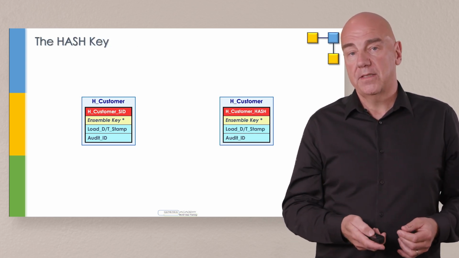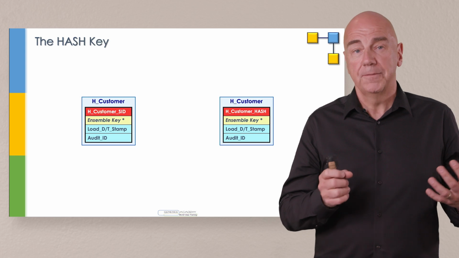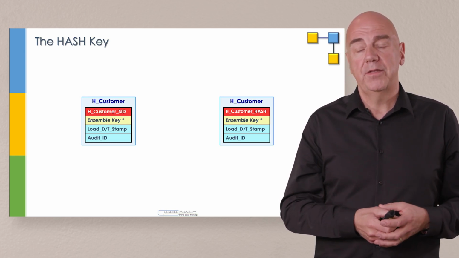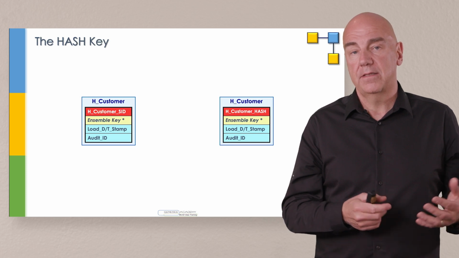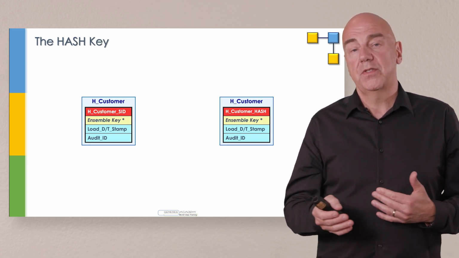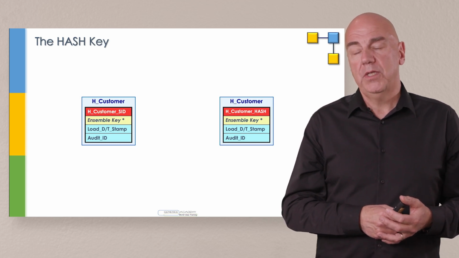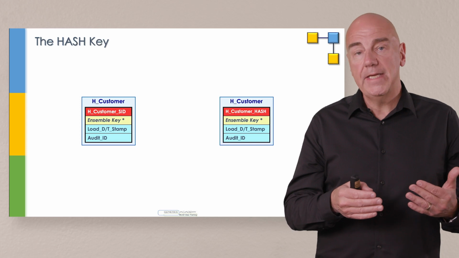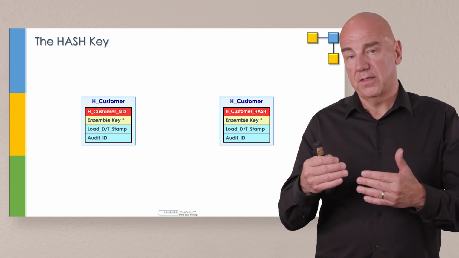Now, another topic that's come up over the years, of course, is the use of a hash key. And the thing that's important to point out here is that when and if you decide to use a hash key, we're really now transitioning to the idea that the hash key is your business ensemble identifier.